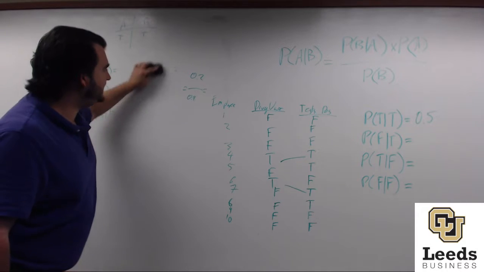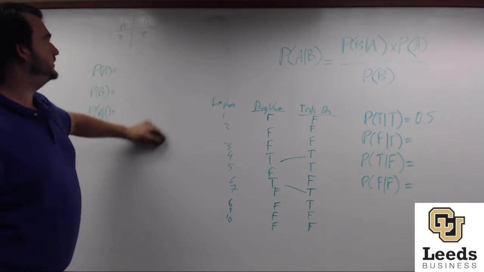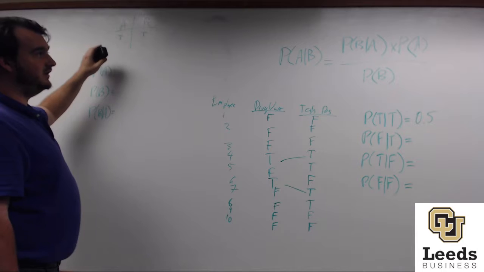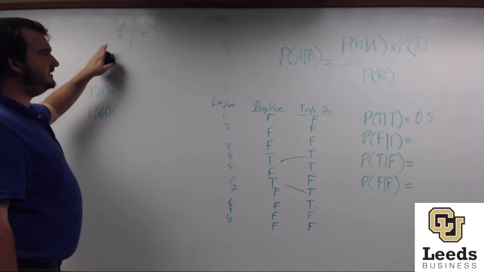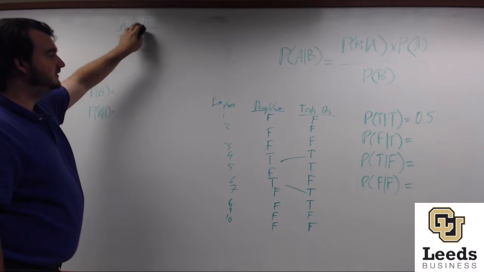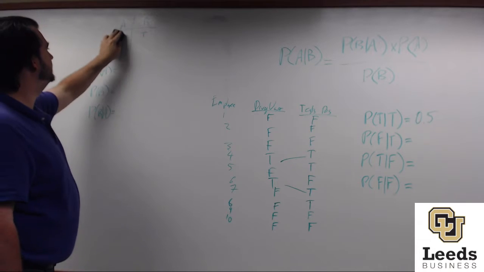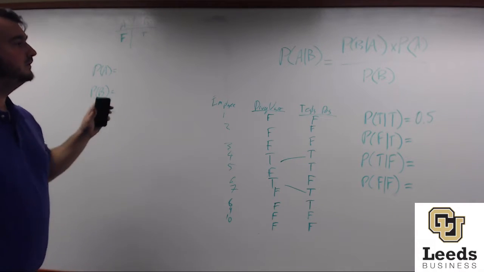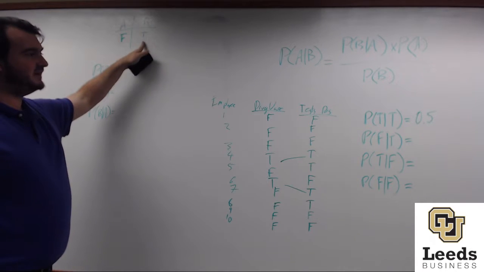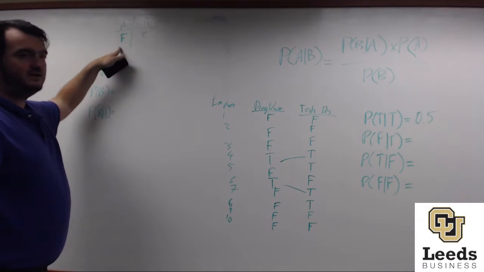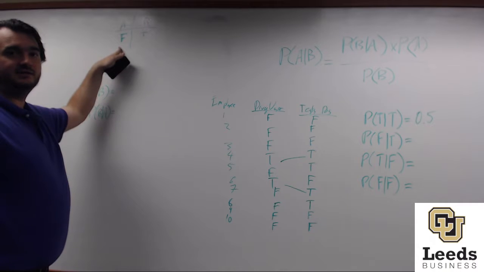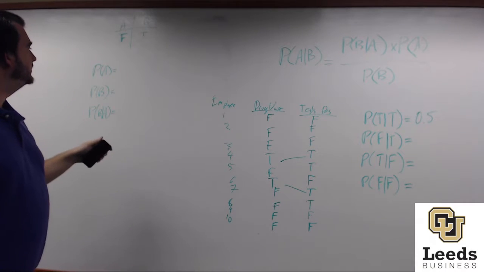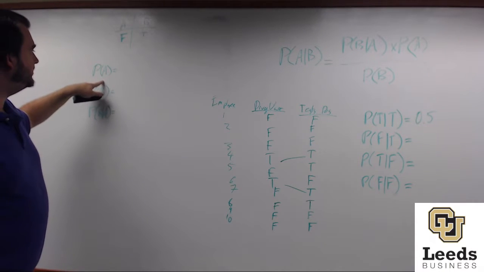And erase all of this, and repeat it for the next one on the list. So, given that they tested positive, what are the odds that they are not using drugs? So, what is our P of A?